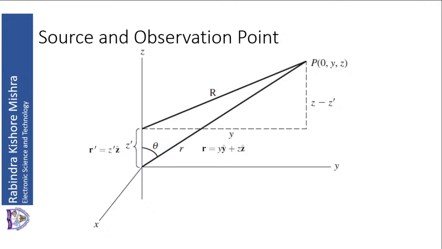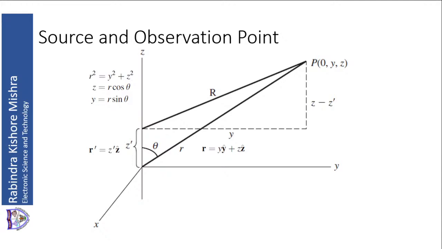Then r, the position vector, is 0 y z, therefore r is equal to y cap plus z cap. So we have the two vectors: r is equal to y cap plus z cap, and r dash is equal to z dash z cap. Then what will be r square? r square will be y square plus z square.